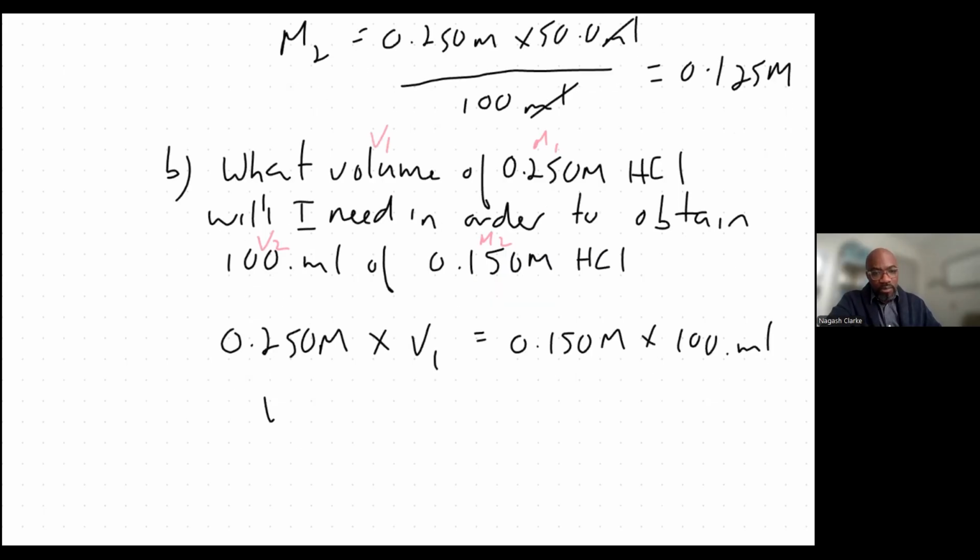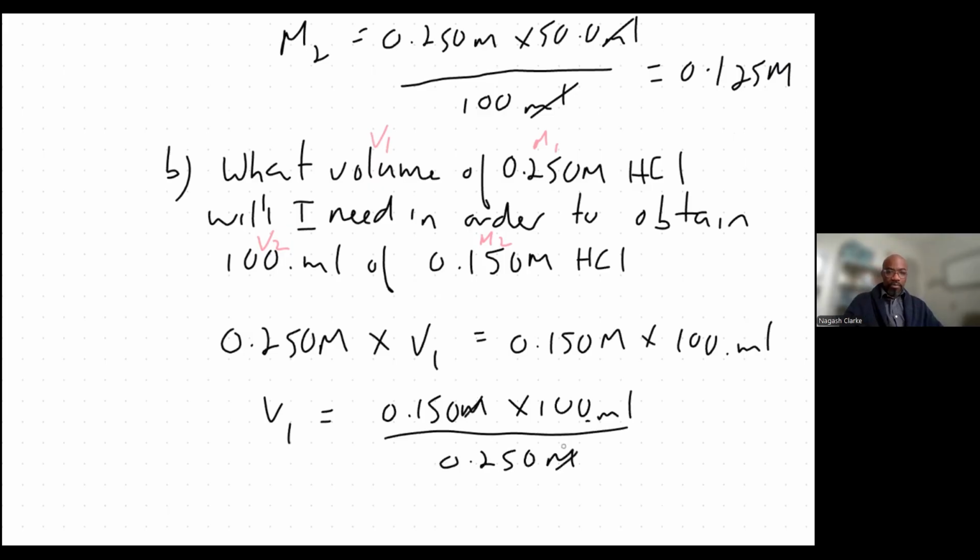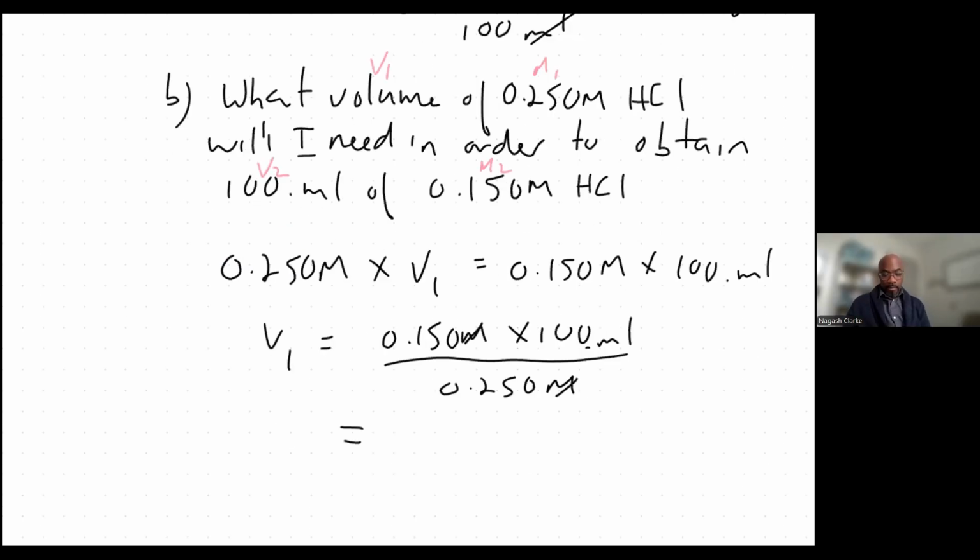V1 is equal to 0.150 times 100 over 0.250. So 100 times 0.150 divided by 0.250.